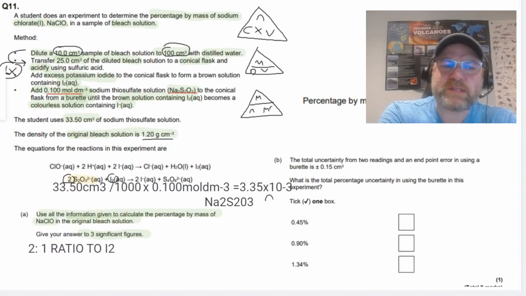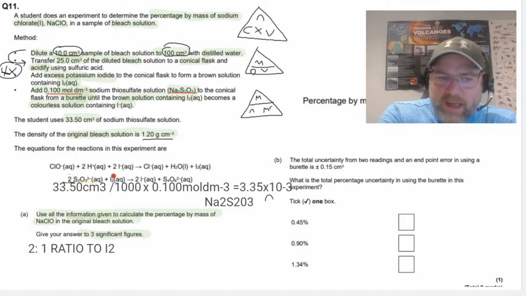Why am I interested in iodine? I'm interested in iodine because it's the linking substance between the top equation and the bottom equation. So you can see the iodine that was formed in the first equation has reacted with the sodium thiosulfate in the second equation.